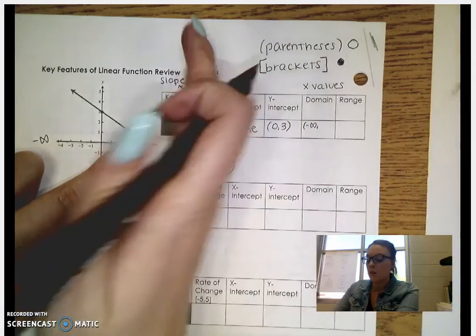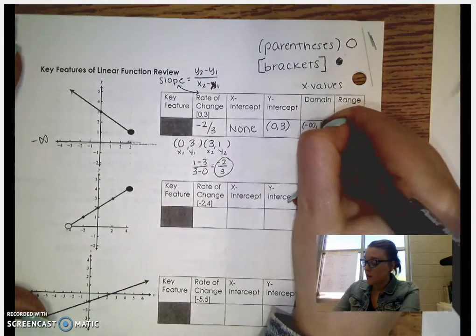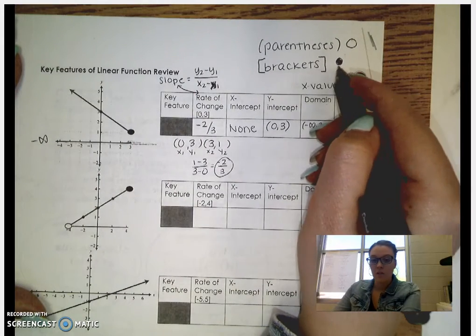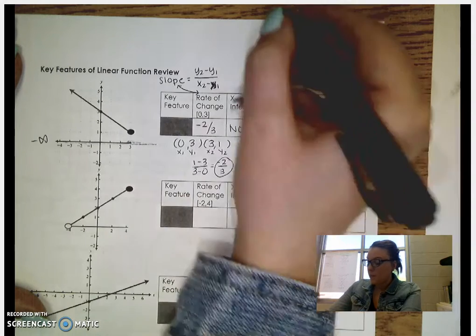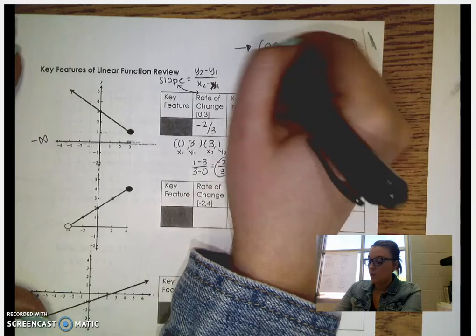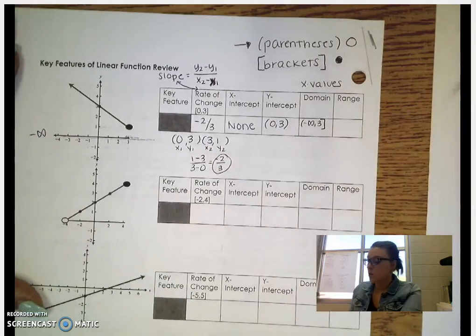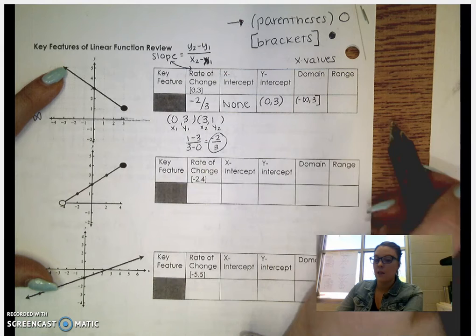This endpoint tells me it's not going past 3. So it's negative infinity to 3. I have a closed circle, so I'm going to use a bracket. You also use parentheses for arrows. So for this arrow, we used a parenthesis for that negative infinity.